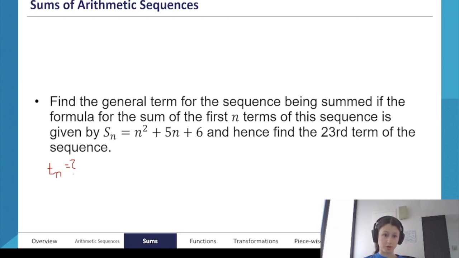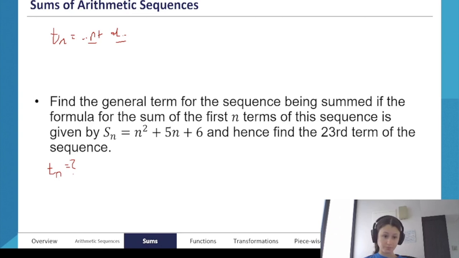Remember, the general term is going to have Tn in it, it's going to have n in it, and it's going to have some constant, which is going to be our difference in it, right?